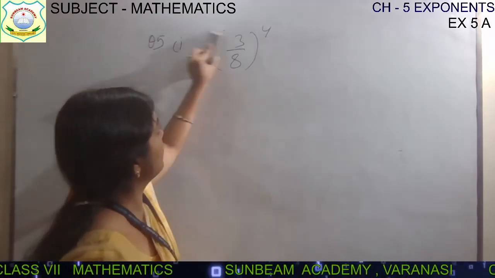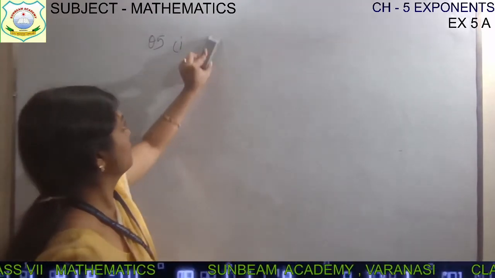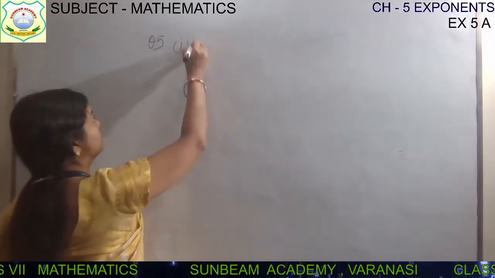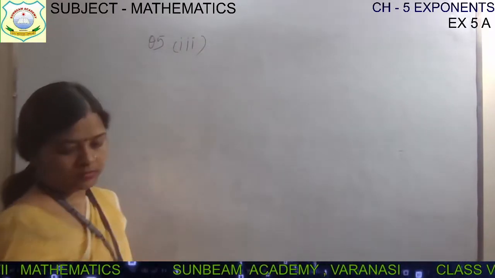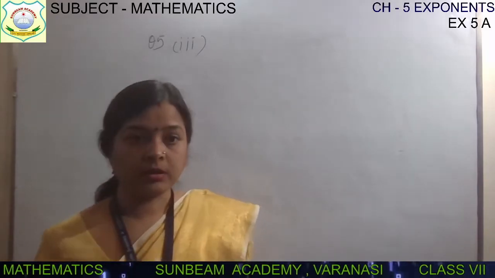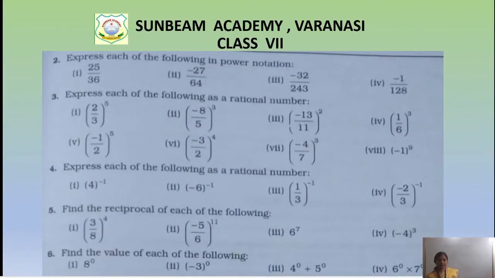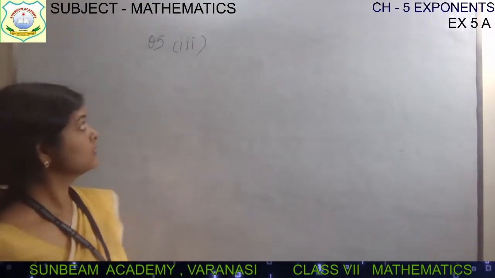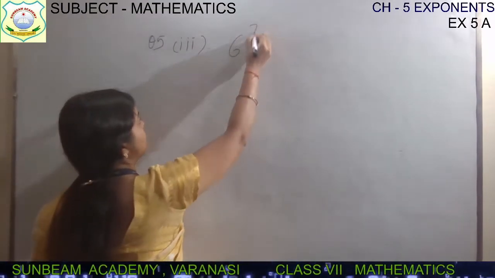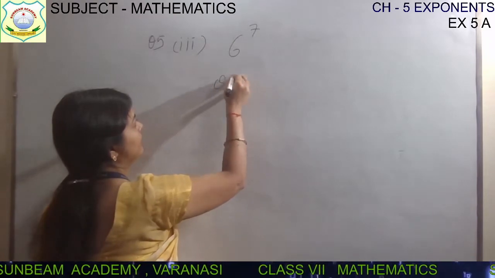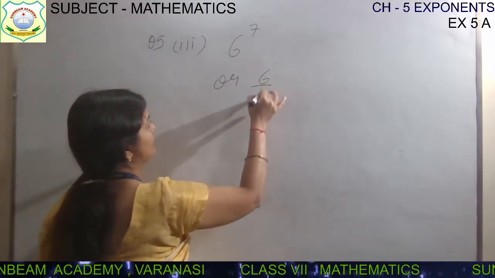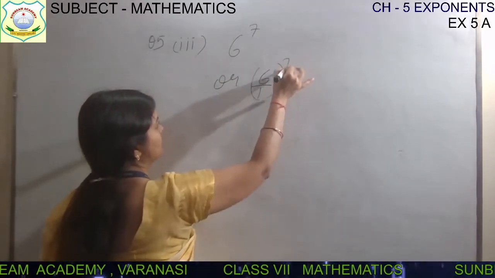Question number 5.3. Question number 5.3 is what, children? Let's see. It is 6 to the power 7. So 6 to the power 7, or we can write it as (6 by 1) to the power 7. हम इसको ऐसे लिख सकते हैं.